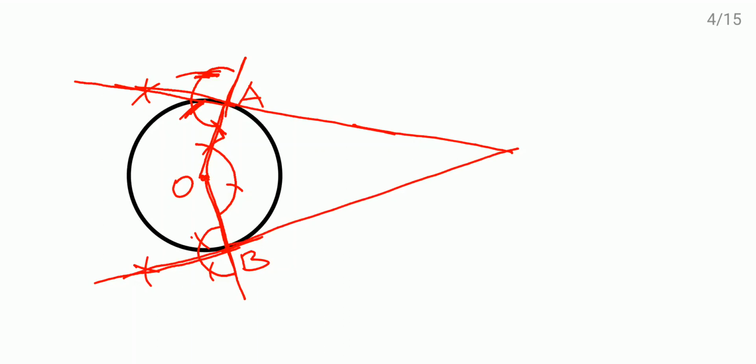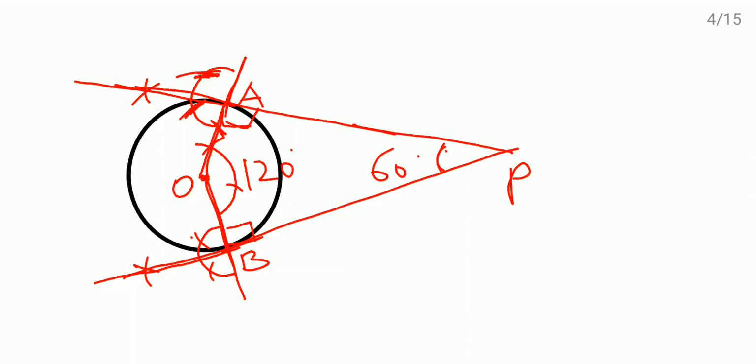Now wherever these both tangents are intersecting each other, name that point as P. See, this angle A is 90-degree. Angle B is also 90-degree. This is the 120-degree we have drawn. So obviously this angle will come as 60-degree. And complete your construction. Right?